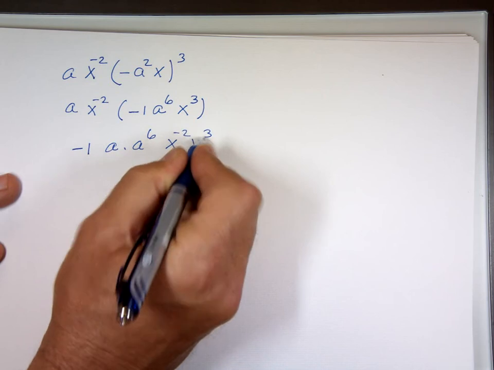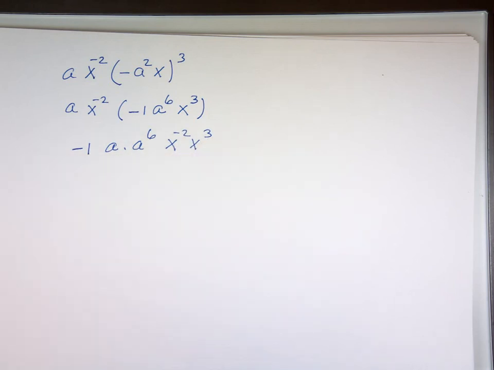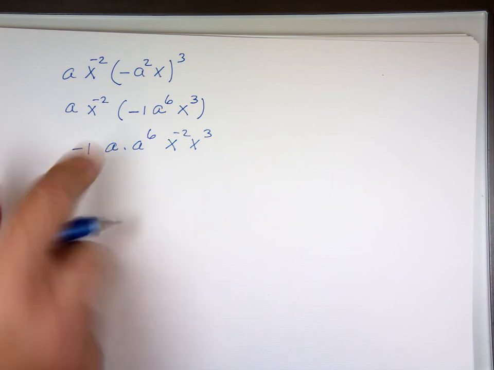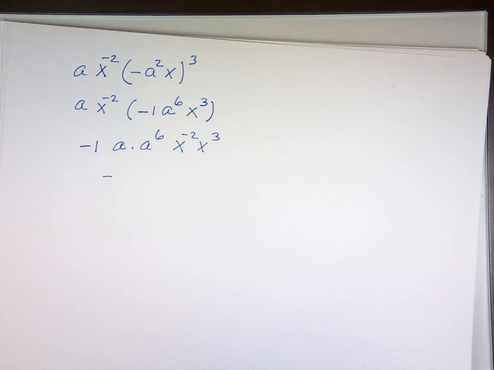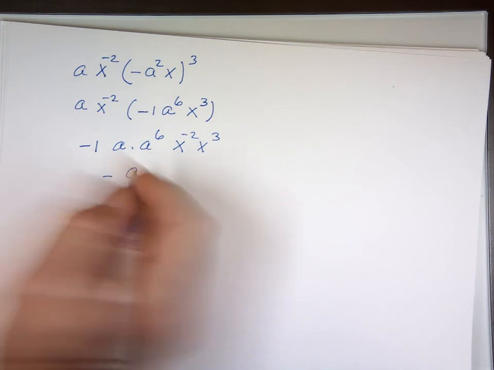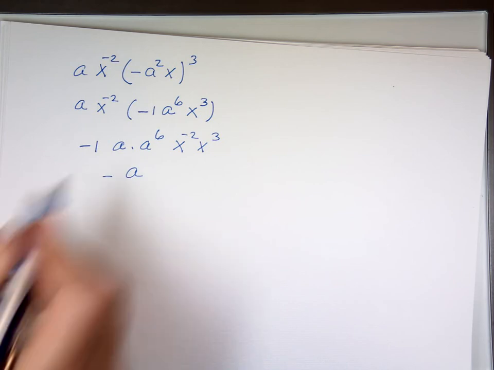When you're multiplying, 2 times 3 times 4 is the same as 2 times 4 times 3, the same as 4 times 3 times 2. Doesn't matter which one you write first. I don't need to write the 1, that'll be a minus. A to what power? 7, because there's a 1 here, we just don't put it.